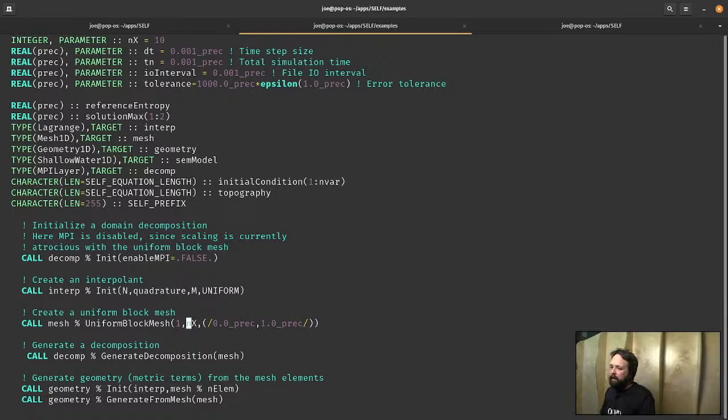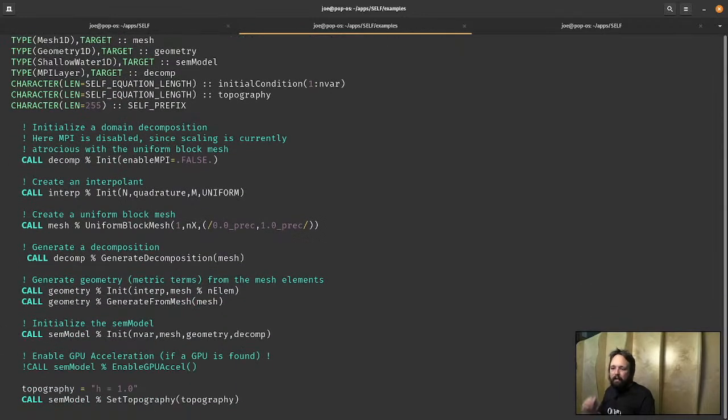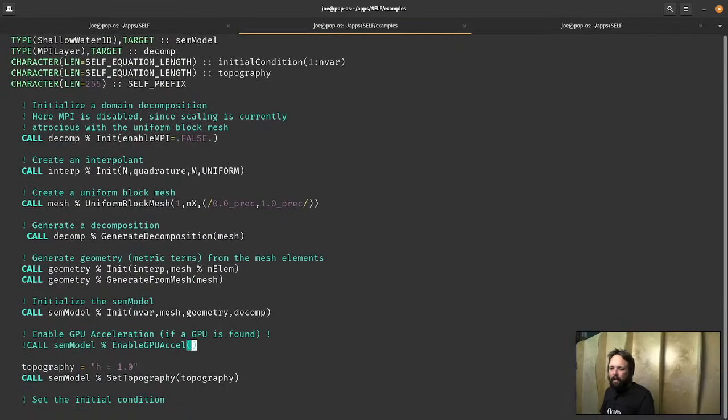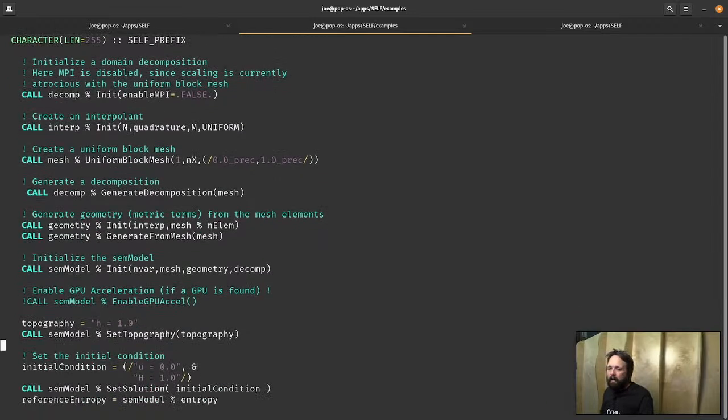Then we'll have nx elements, and we'll have the domain from 0 to 1. And we have the same stuff as before. I'm not going to enable GPU acceleration here because we're not done putting those methods in quite yet. But now let's go ahead and do the same thing we had before. We'll do 1 minus 0.2 exp.